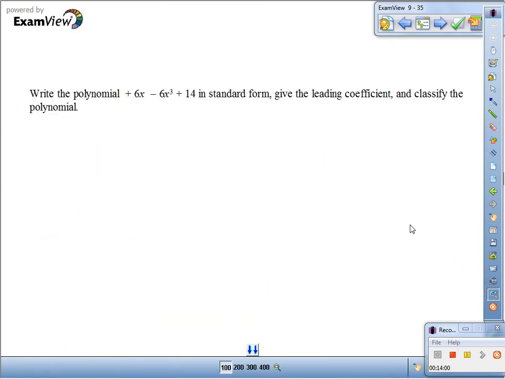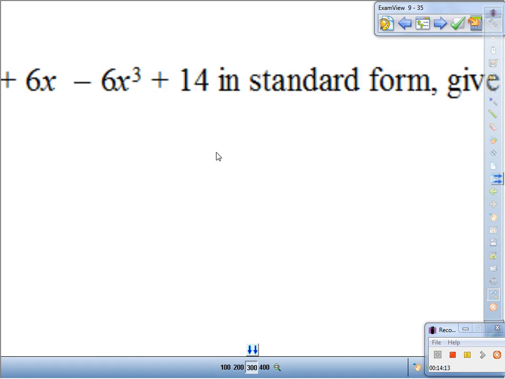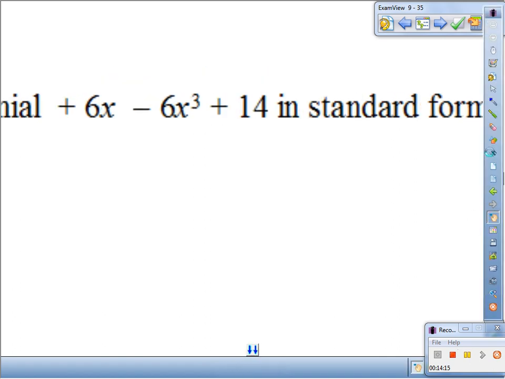Be nice. It says, write the polynomial 6x minus 6x to the 3rd plus 14 in standard form. Give the leading coefficient and classify it. All right, let me zoom in. So, how do we write in standard form? First, we identify the degree of each term.